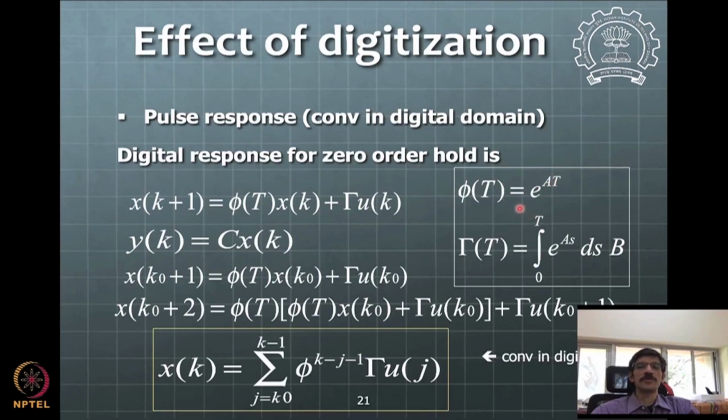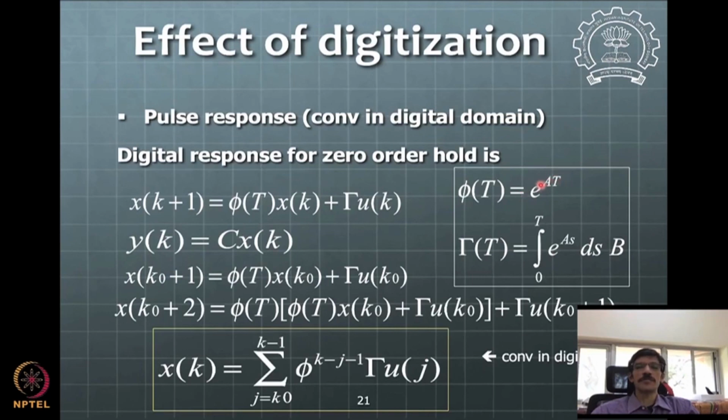You see that e to the power. So if I say eigenvalues of phi will be equal to eigenvalues of e to the power AT, and if I know the eigenvalues of A, then it will be simply e to the power eigenvalue of A times T. So the poles get mapped.